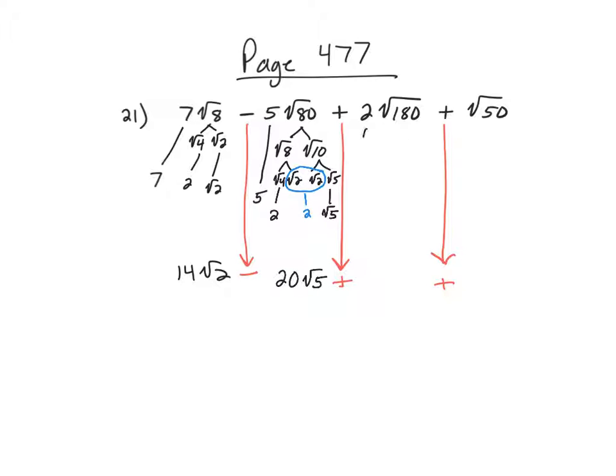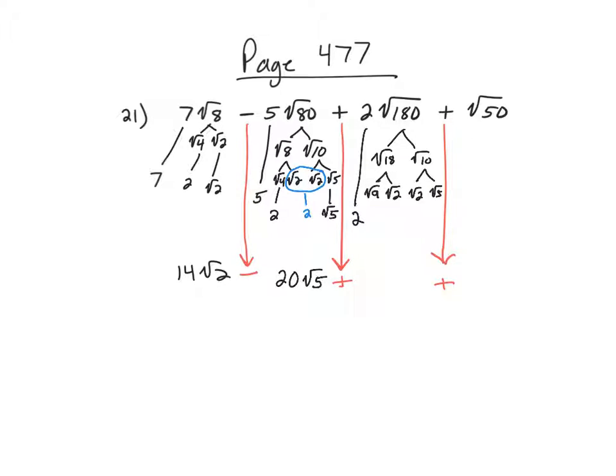Now in the next room, the 2 comes down, and let's say I'm going to do this, the square root of 18 times the square root of 10. Well, the square root of 18, I can write that as the square root of 9 times the square root of 2, and the square root of 10 is the square root of 2 times the square root of 5.